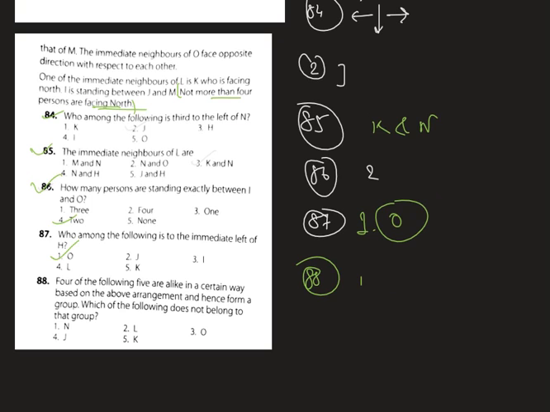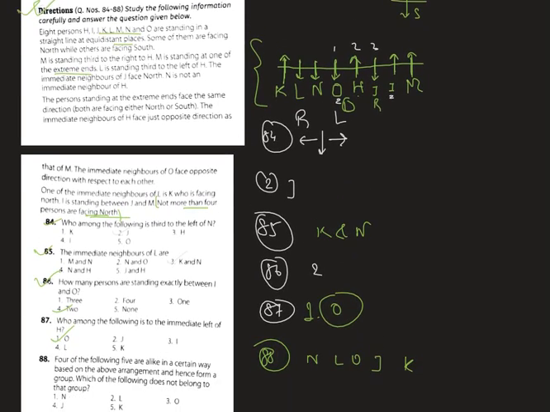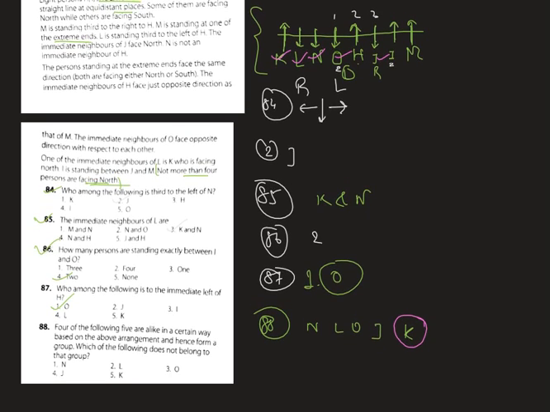We have 5 persons, N, L, O, J and K. As we can see from the picture, among these 5 persons, only K is facing north and all the others are facing south. Therefore K is the odd one out in this group. Therefore the correct answer is option 5.